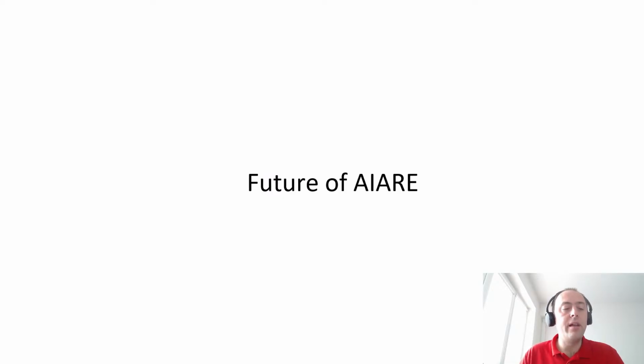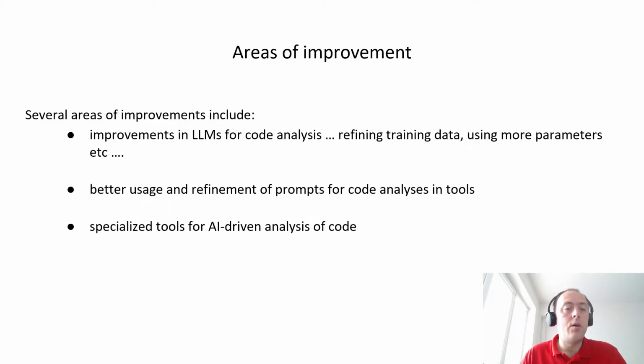Now, let's discuss briefly what's the future of AI-driven reverse engineering, and we'll look at how we can perform analysis on existing code. Several areas of improvement include, for example, improvements for large language models for code analysis, which means better training data, using more parameters for the models, and so on.